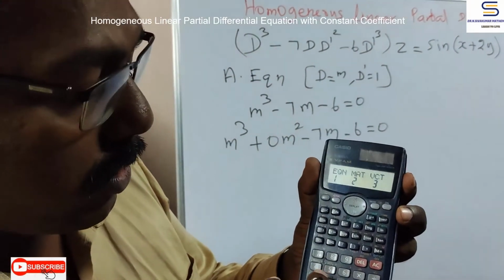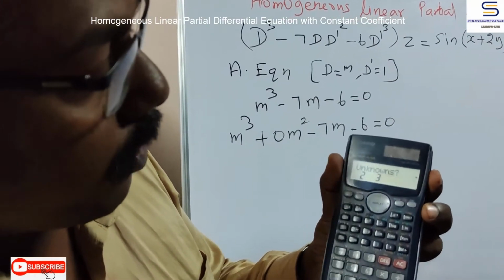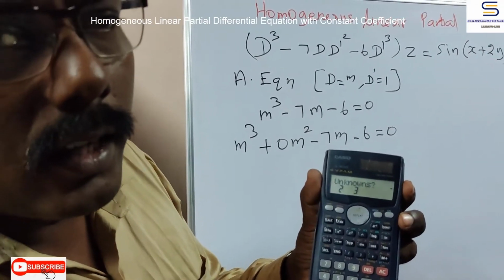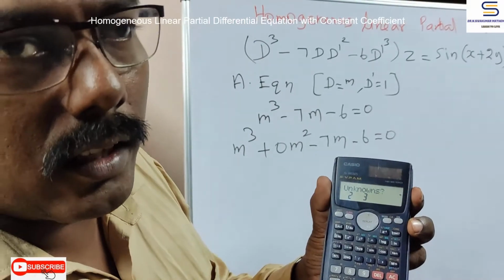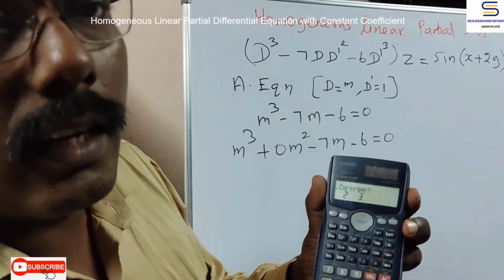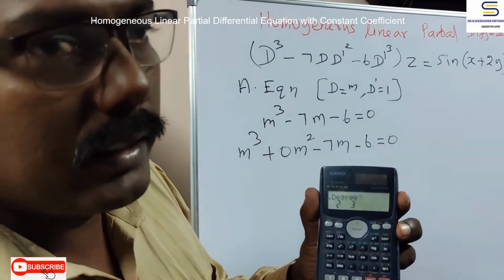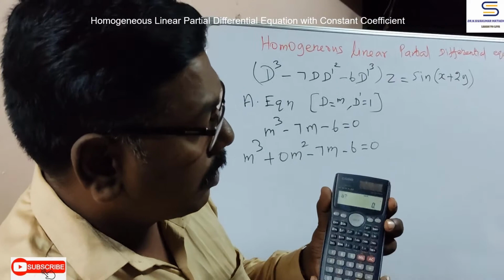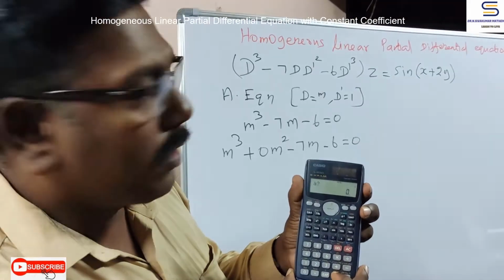Equation is the first one, so press 1. Then it will show unknowns 2 and 3. But here we have to solve a third order equation, so press the right button and that shows degree 3, that is third degree equation. So press 3. The calculator will ask a equal to what?